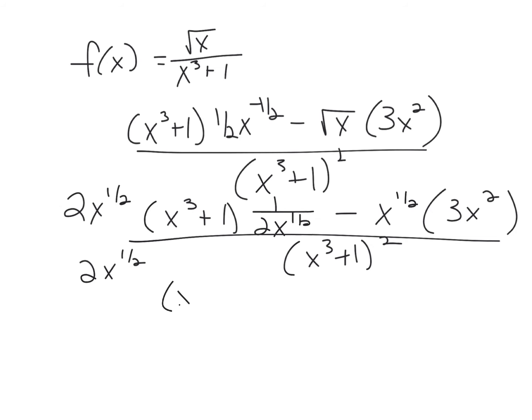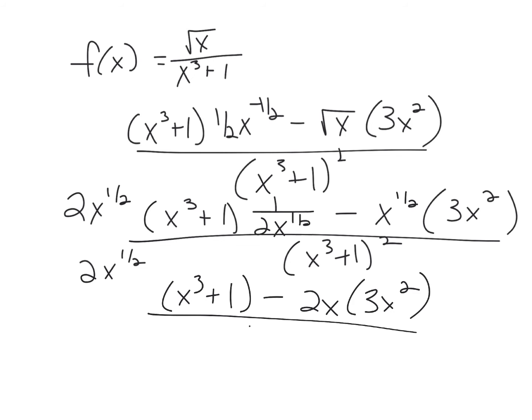So we're going to get x to the third plus 1 minus 2x times quantity 3x squared. And then x to the third plus 1 on the denominator. And then, of course, 2x to the 1/2 here. So, simplify.